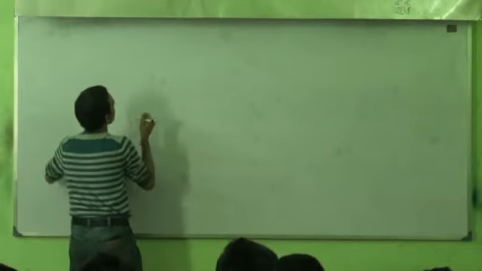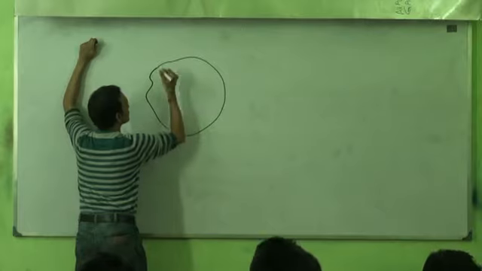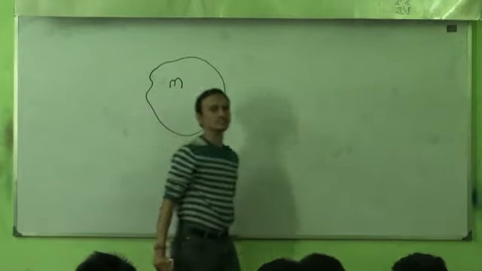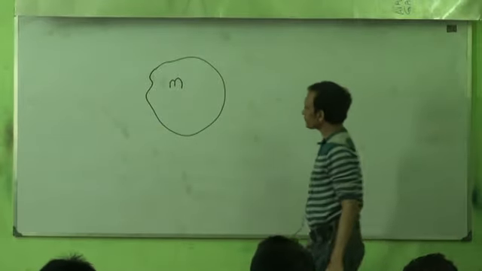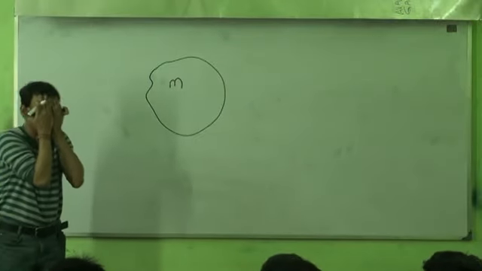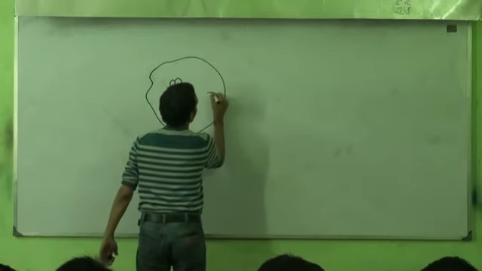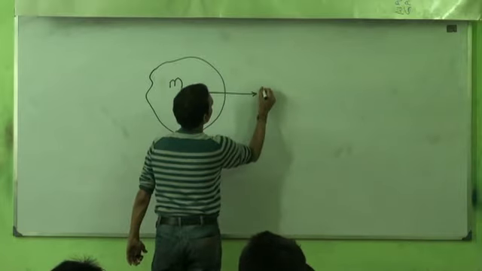Let's say this was a system and its mass was small m at a certain instant of time. And let's say it had a velocity v1.